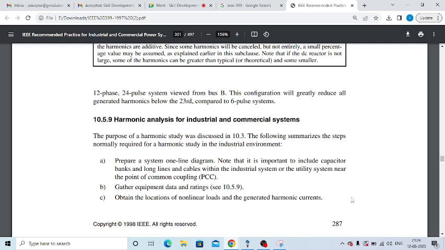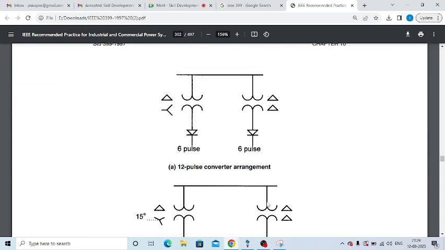What harmonic frequencies it can generate, and what is its magnitude and phase angle. This information we have to get from the particular non-linear load manufacturer. Suppose it is a VFD manufactured by Siemens, we have to get it from Siemens. Suppose it is from ABB, then we have to get it from ABB, right?